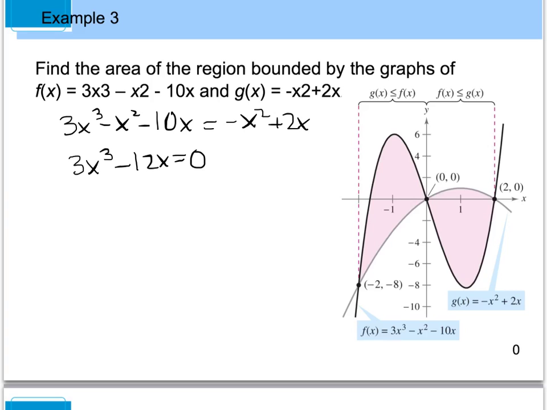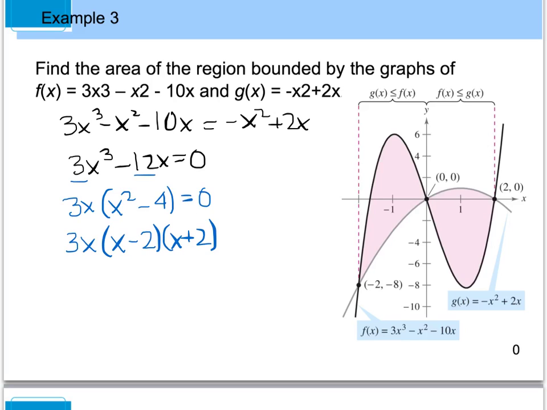Both of these terms have a 3x in them, so I can factor a 3x out, and we're left with x squared minus 4. I know that x squared minus 4 is a difference of two perfect squares, so I can simplify that down into 3x times x minus 2 and x plus 2. So my points of intersection occur when x is equal to 0, 2, and negative 2, which if we look at our graph, we'll see do actually occur at all those points of intersection.